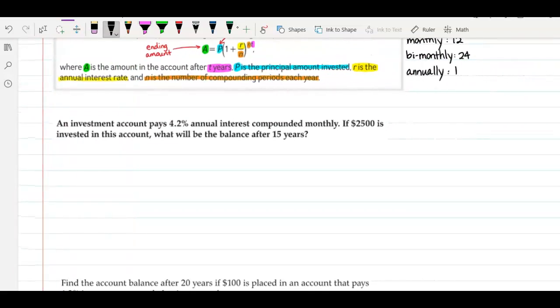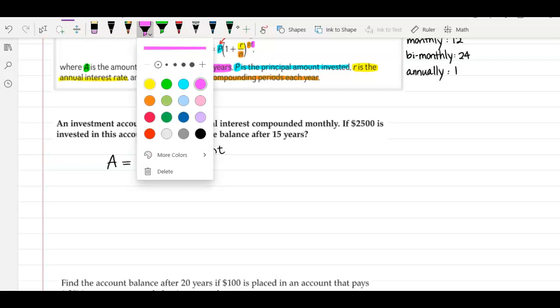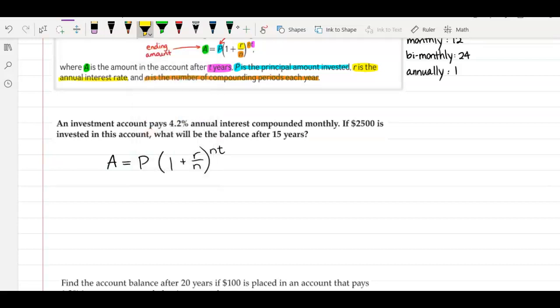All right, let's start with our original formula. A equals P times 1 plus R over N to the NT. And we're going to replace it with all the information we have in this problem. The first thing I come across as I read is 4.2%.